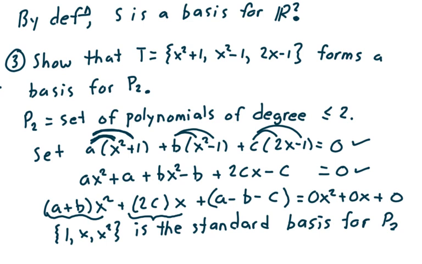So that's the standard basis. So notice how I wrote this line: I made it a second degree expression where I collected the x squared terms, collected the x term, and collected the constant terms.